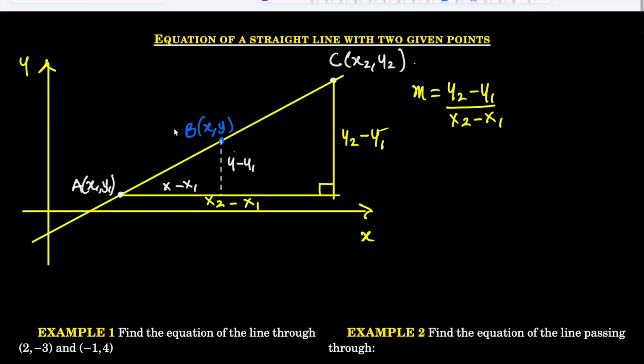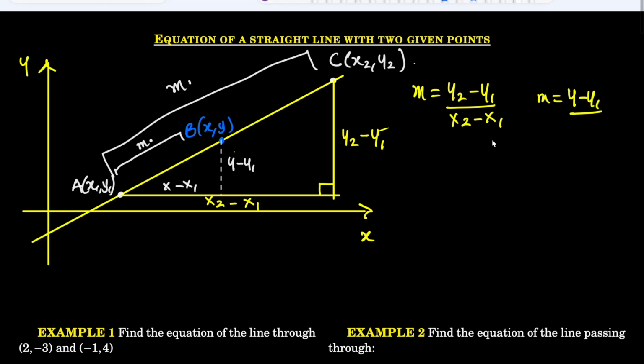Remember that the same way you had the slope for AC, which is m, it is the same m you are going to be having for AB. So this means that for the second case, which is AB, m is equal to the rise y minus y1 over the run x minus x1.